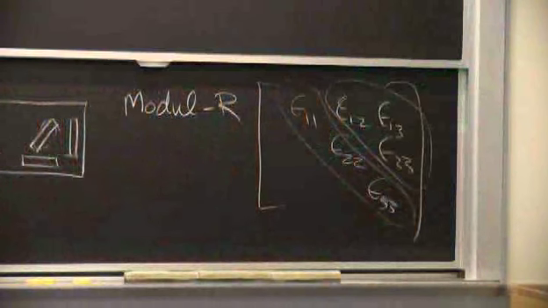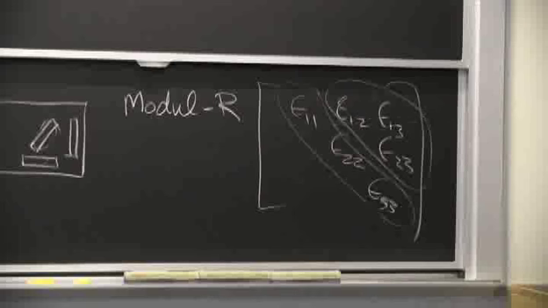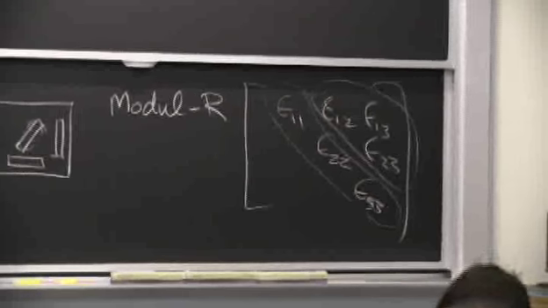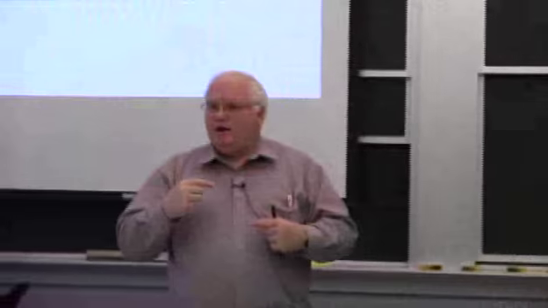And there are only six independent of the 9 strains in the tensor here. There's 3 down here, 3 up here, and 3 here. 9 total, but only 6 of them are independent. So I have 6 independent strains to get a random shape change. If I want to do an arbitrary shape change, I have to have 6 independent.